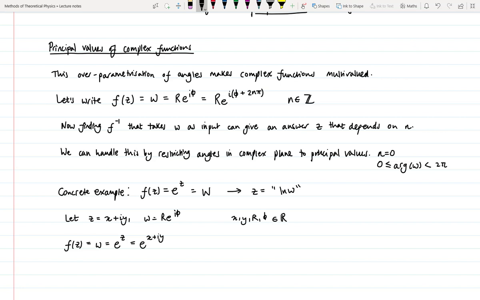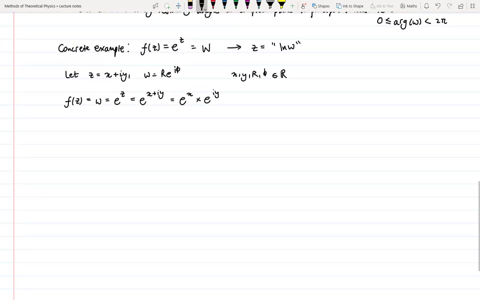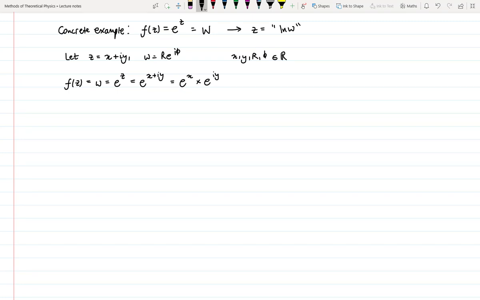And this next step I'm not going to show explicitly. You can convince yourselves by using the power series expansions of the exponential. We can break this up as e to the x times e to the iy. If we consider the modulus of the complex number w, then clearly from what we've written on the right-hand side, the modulus of e to the iy is 1, and so the modulus of w is given by simply e to the x.